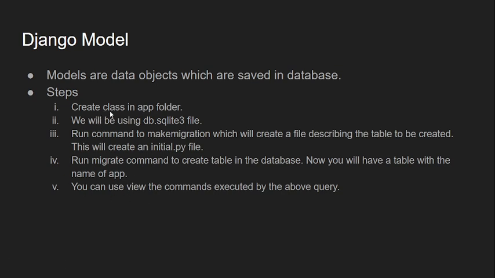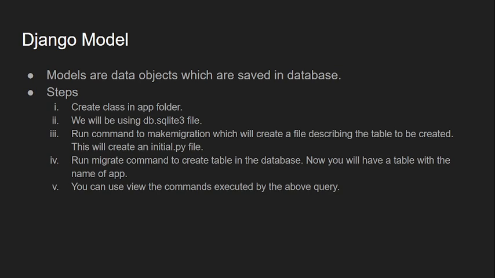We have already created the app, so we'll be creating a class in the app folder. We will be using a db.sqlite3 file that we have there. We'll be running the makemigrations command so that we can create the file which will have the steps to create the table, and this will be creating a file called initial.py.